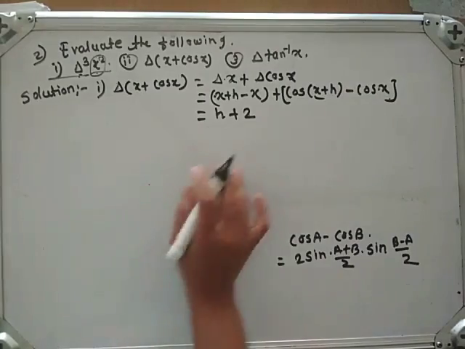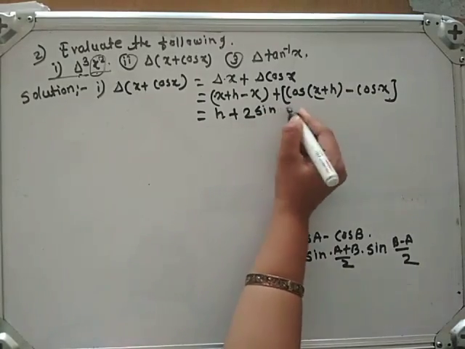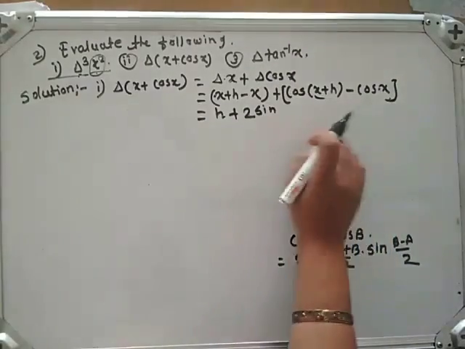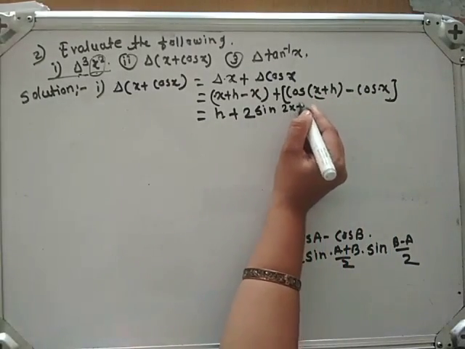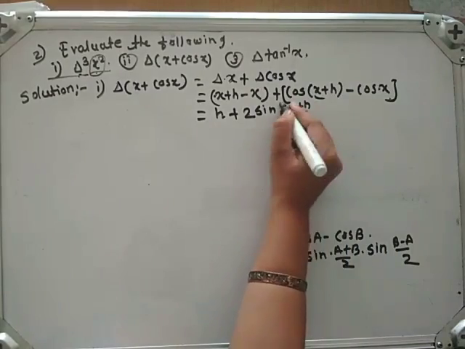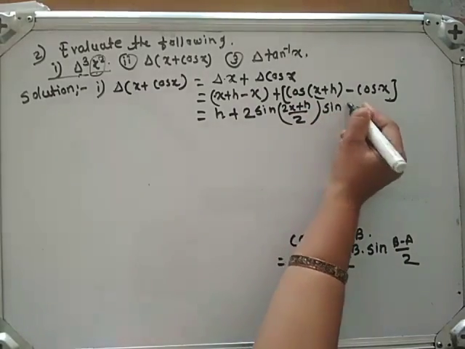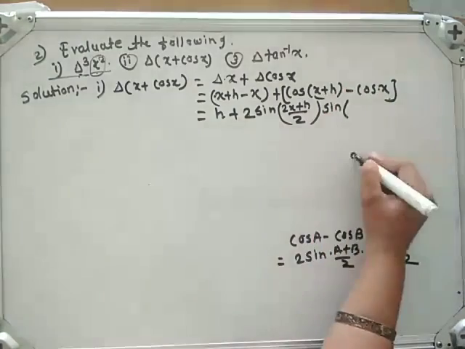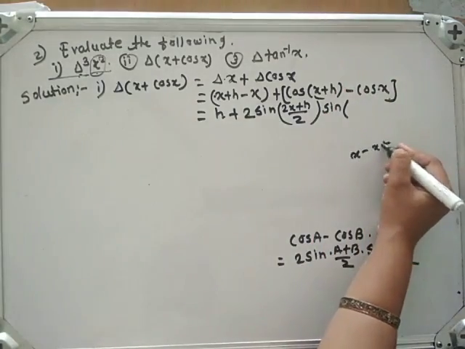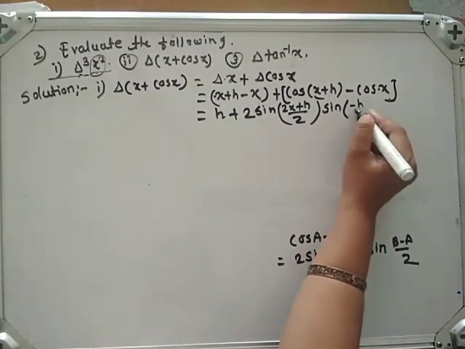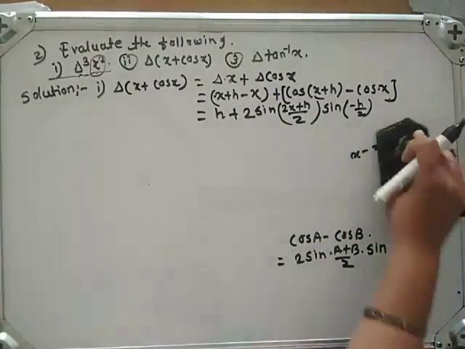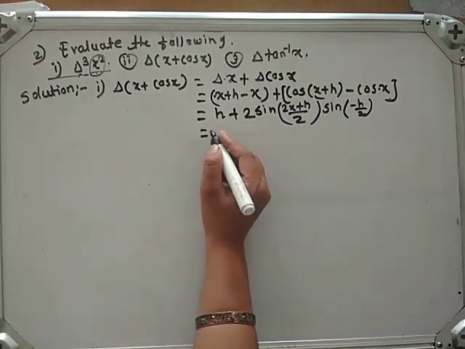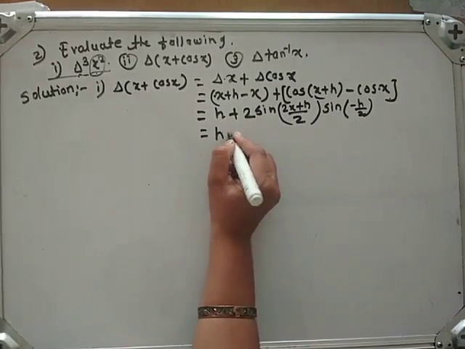Therefore, it becomes 2 into sin of x plus h plus x, that is 2x plus h upon 2, into sin of x minus x minus h, which remains minus h by 2.